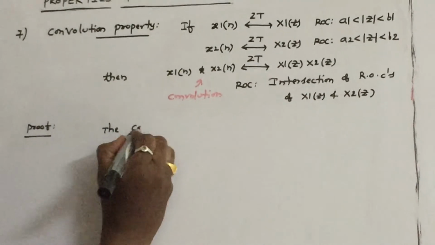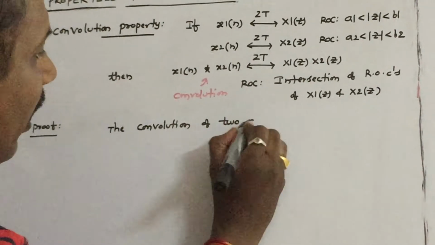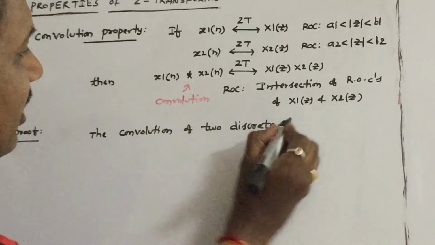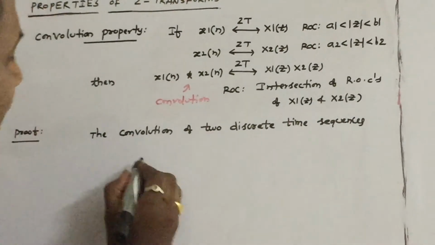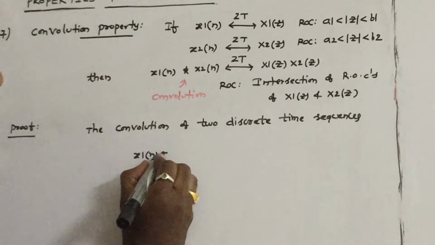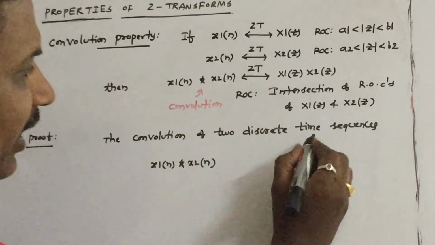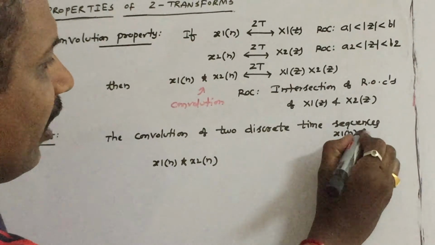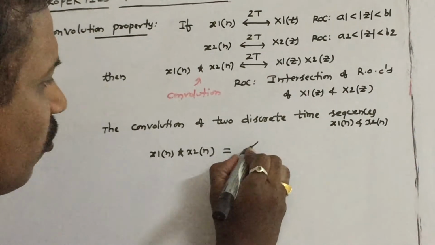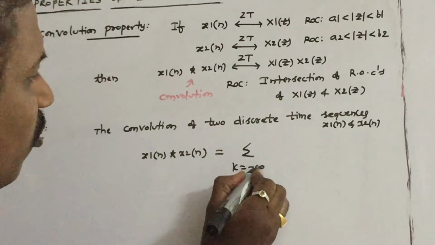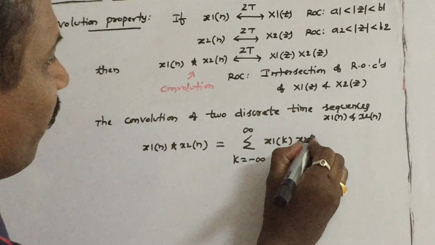The convolution of two discrete time sequences, let us say x1 of n and x2 of n, is defined as x1 of n convolution with x2 of n equal to summation k equal to minus infinity to infinity x1 of k into x2 of n minus k.